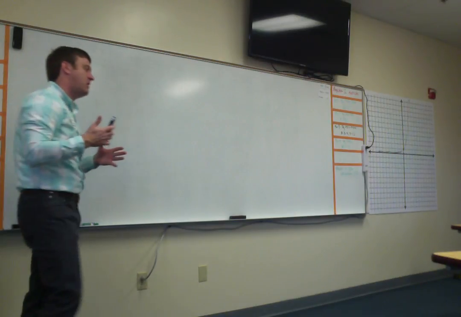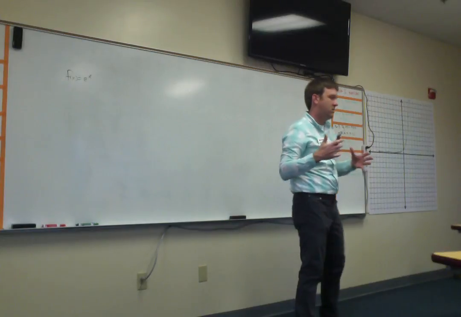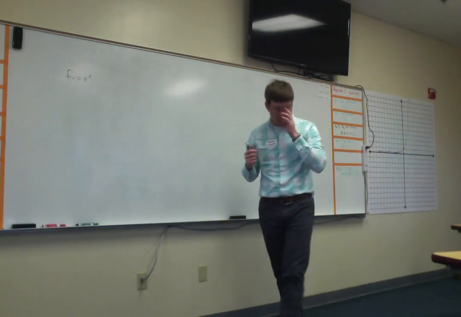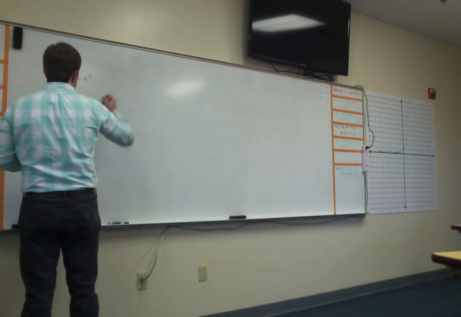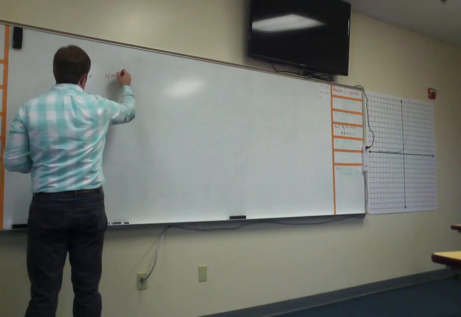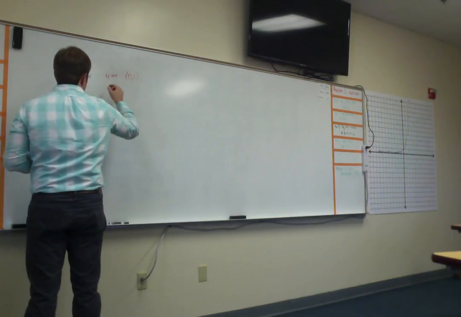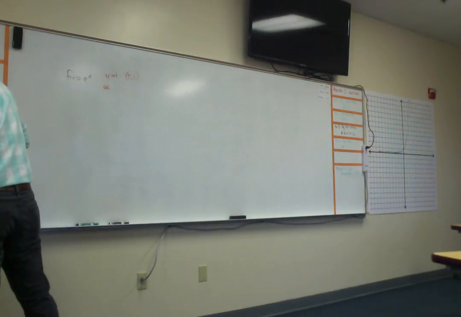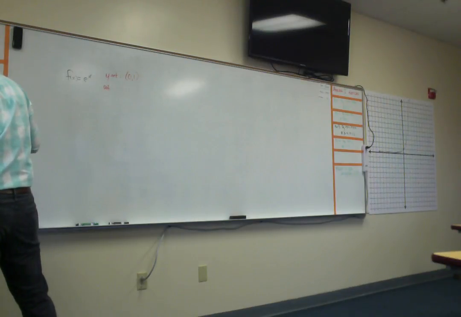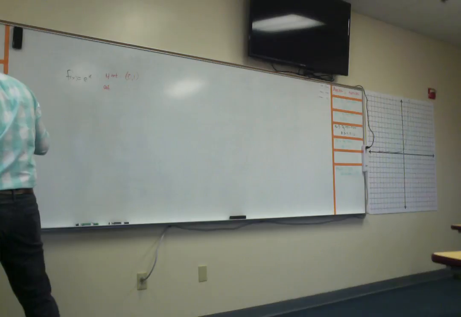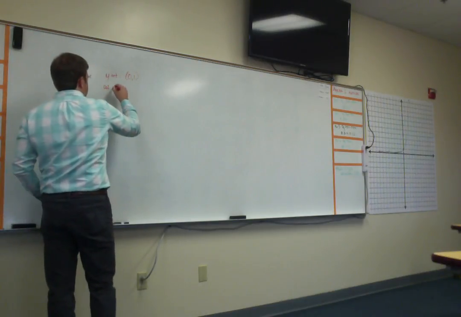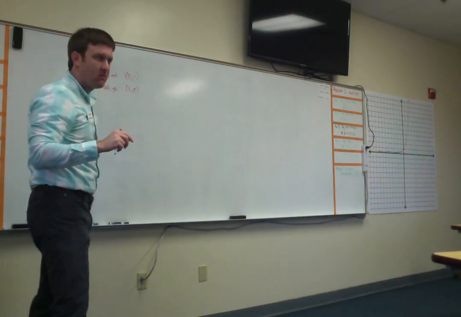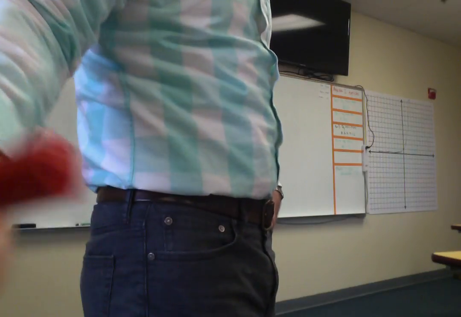And the end behavior. Tell me about the end behavior. As x goes to infinity, f of x goes to positive infinity. As x goes to negative infinity, what does f of x do? Goes to negative infinity, I guess. Well, no, it can't, because it goes to 0.